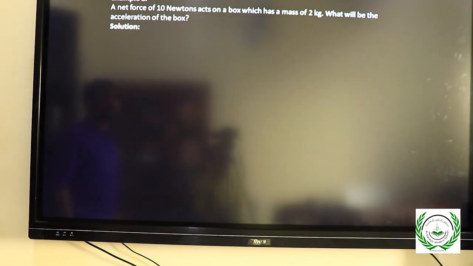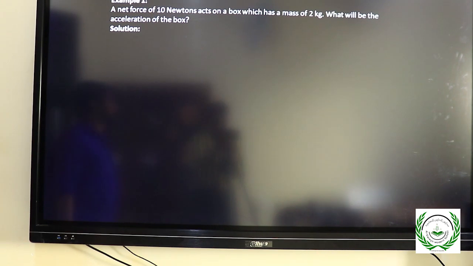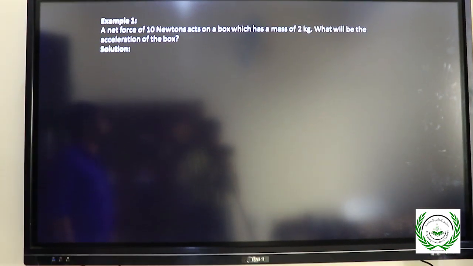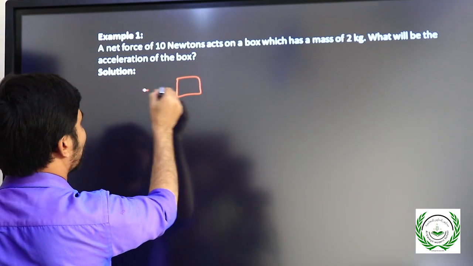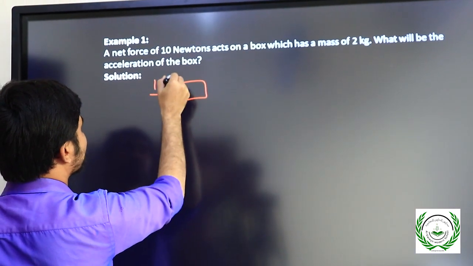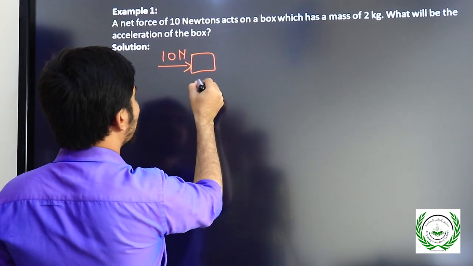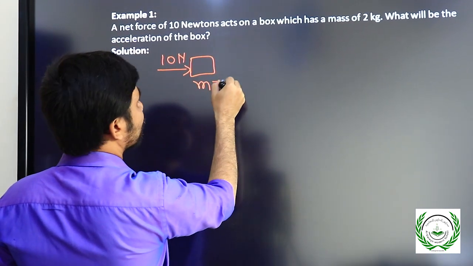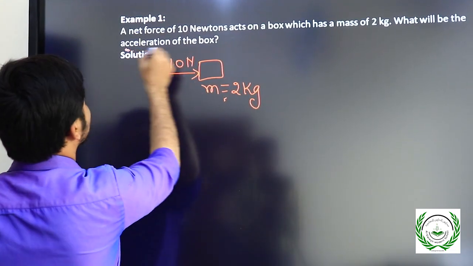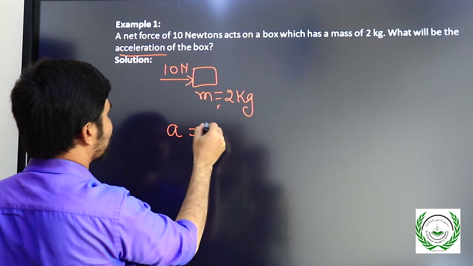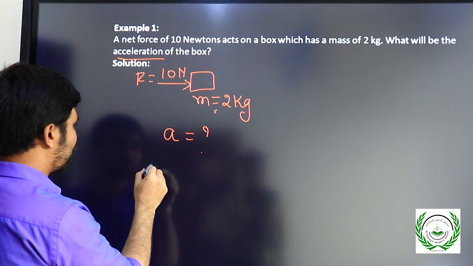Let's do a small example here. A force of 10 newtons acts on a box which has a mass of 2 kg. What will be the acceleration? We know the formula F equals ma.